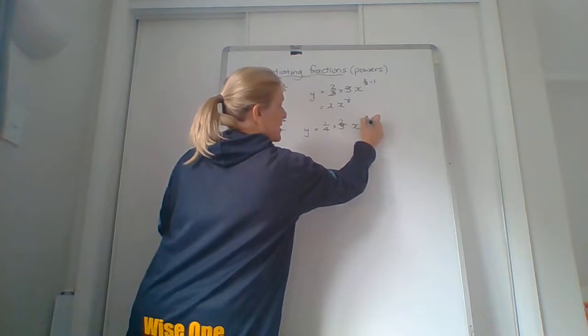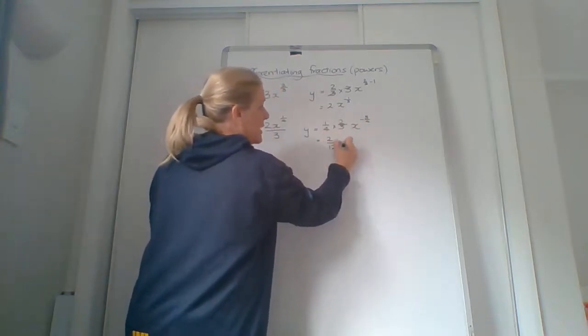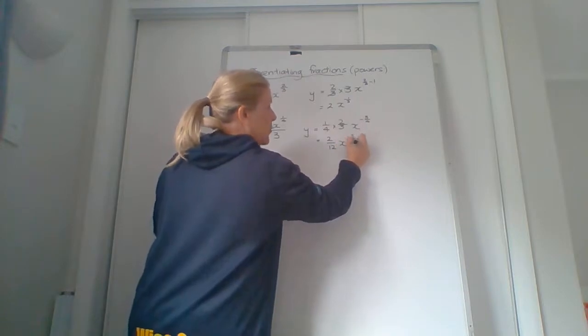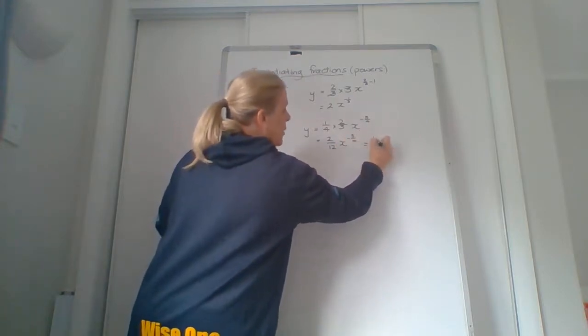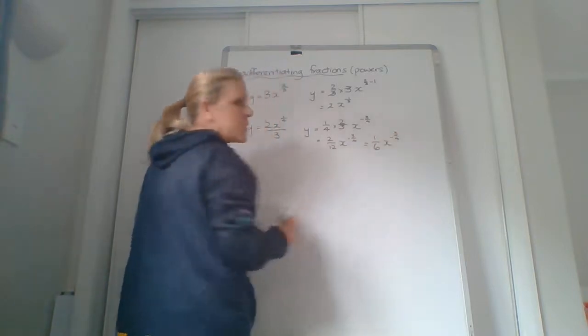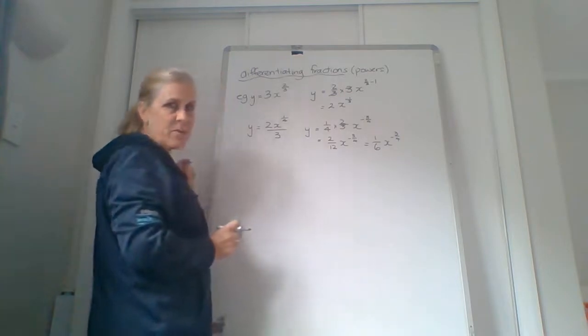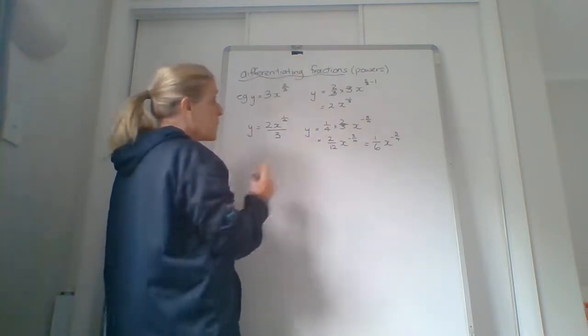So we've got 2 over 12 x to the negative 3/4, preferably 1 over 6 x to the negative 3/4. So when I say they don't expect you to simplify things, we do expect you to have the right fraction simplified. So that's how we do powers.